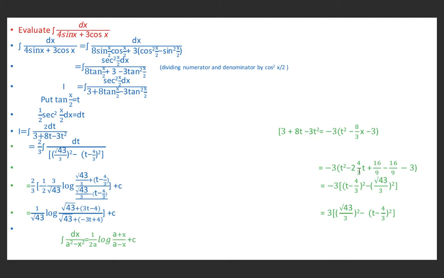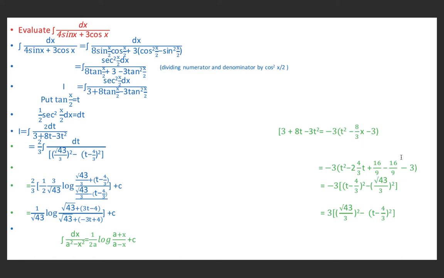So t square minus 2 into 4 upon 3t plus 16 upon 9 minus 16 upon 9 minus 3. So these terms are the square of t minus 4 upon 3 whole square. t square minus 2 into 4 upon 3 t plus square of 4 upon 3, so 16 upon 9. This is the square of t minus 4 upon 3. And this is 16 upon 9 minus 3.